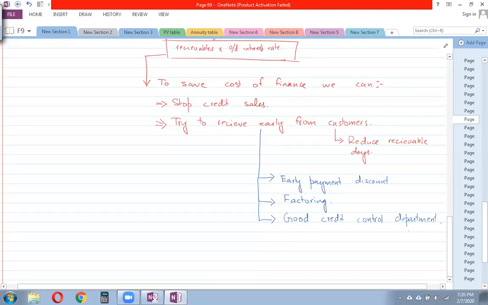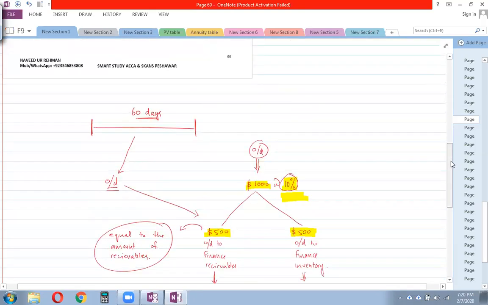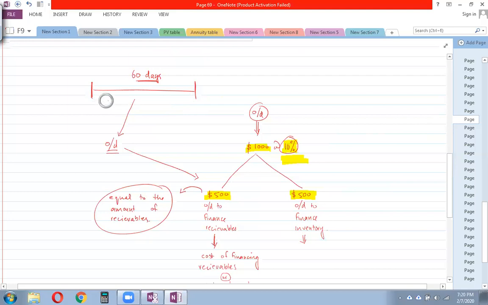Remember, receivable days is not the period on which you have agreed. Like, let's say, for example, if we have agreed with the customer that the customers are supposed to pay in 60 days, that's not receivable days. The receivable days will be the actual time period. So let's say, for example, you agreed with the customer to pay in 60 days, but actually, on average, customers take 70 days, right?